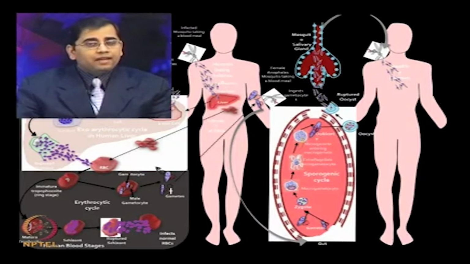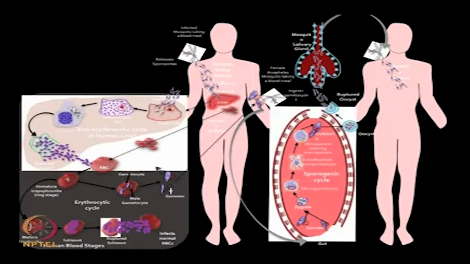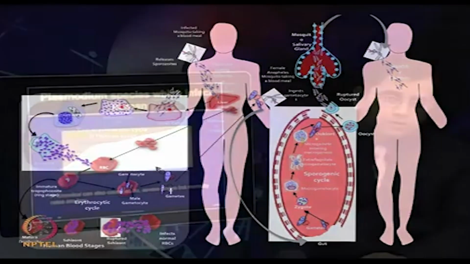So, in the complex life cycle of malaria, investigating how Plasmodium falciparum and Plasmodium vivax behave differently in humans, and what different types of proteins are elicited in response to these pathogens, are some of the very challenging questions in the malaria field.